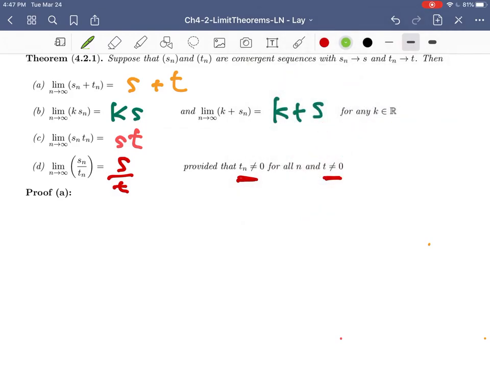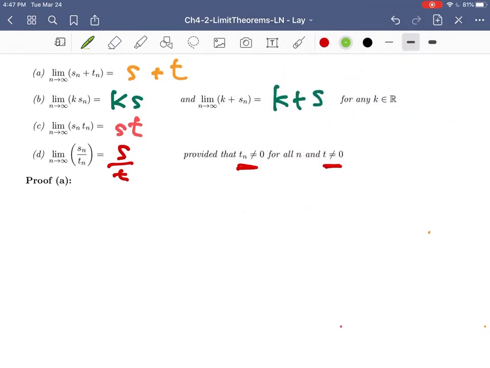We're going to prove that the limit of the sum of those two sequences is the sum of the limits of the two sequences.